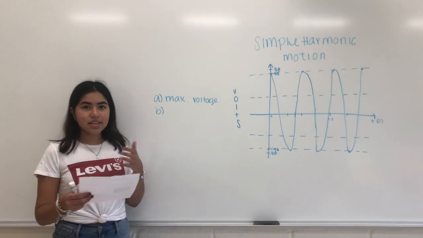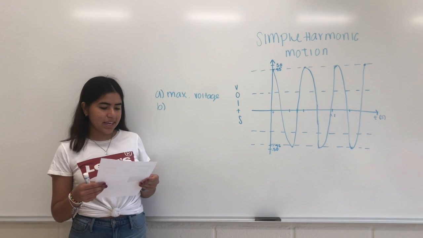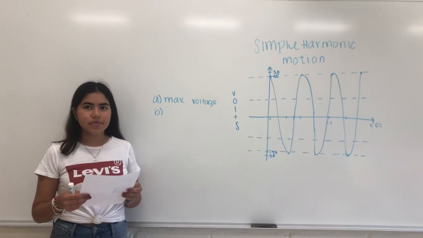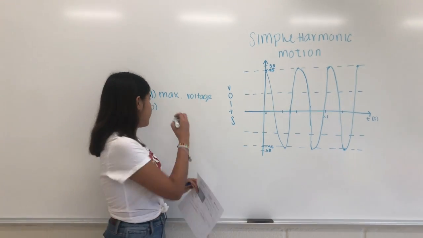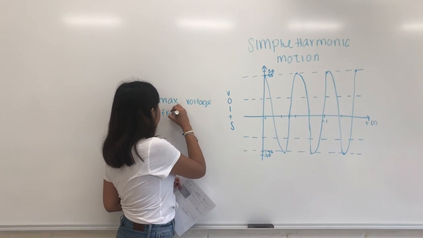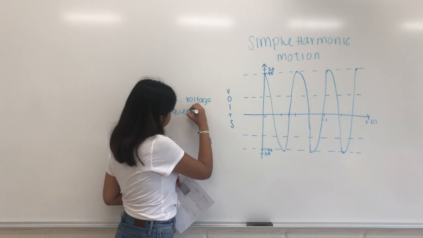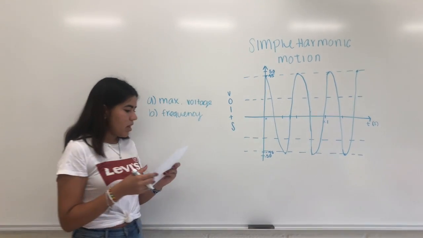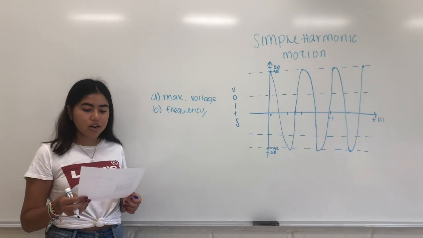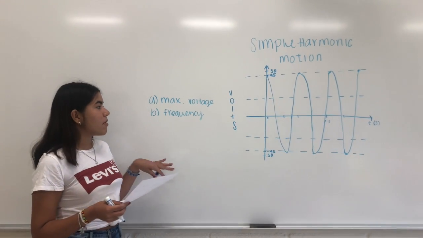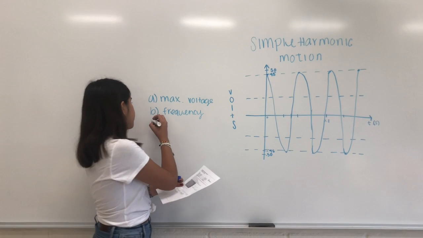The next one is letter B, which is asking to find the frequency, that is the cycles per second of the generator. And the last one tells us that we need to find the formula, which is a function that describes the variation of the voltage.